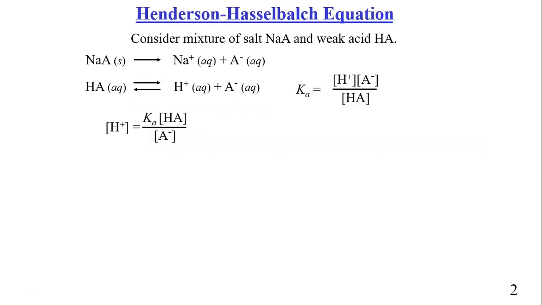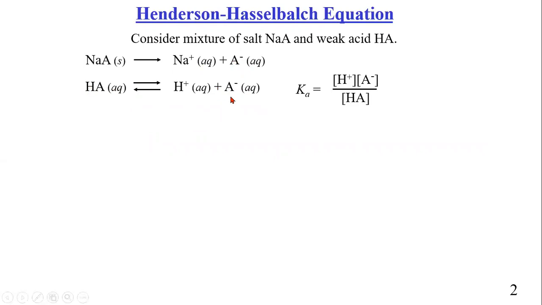Now, we're going to look at the examples of that. So if I have an initial C0 of the salt, my A- in solution will be C0. So here, not only will I have some HA in my solution, I will always have as well A-, which is also equal to that upper amount.